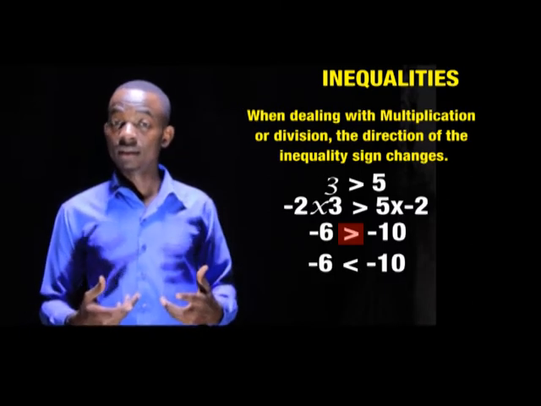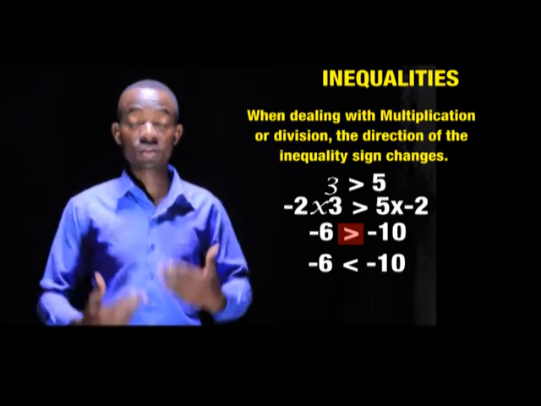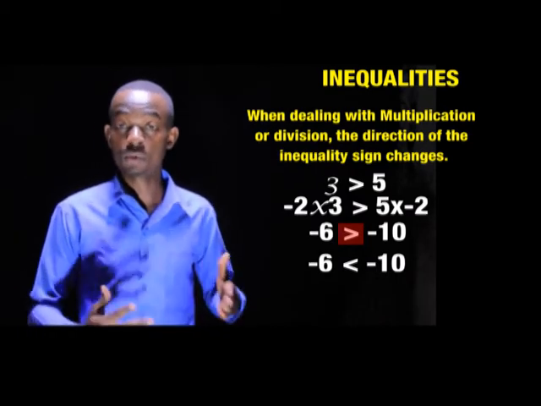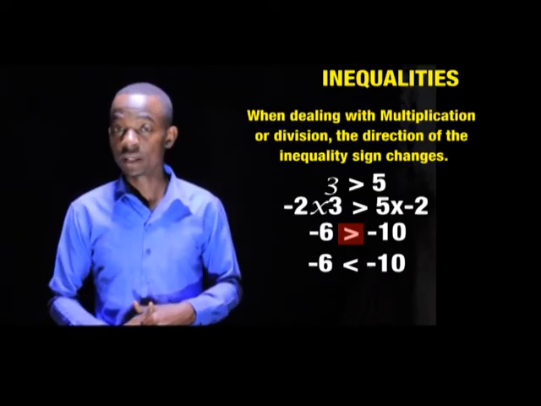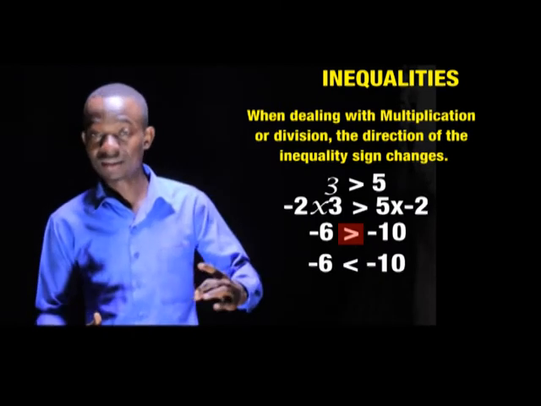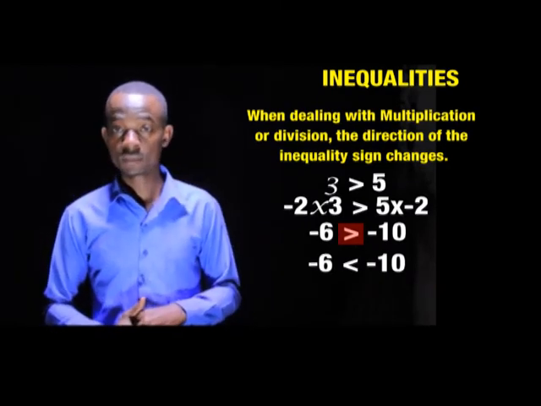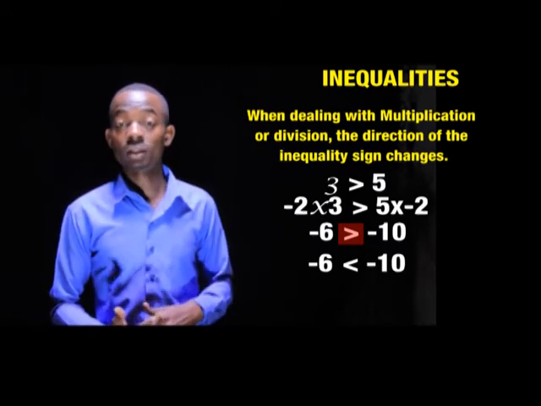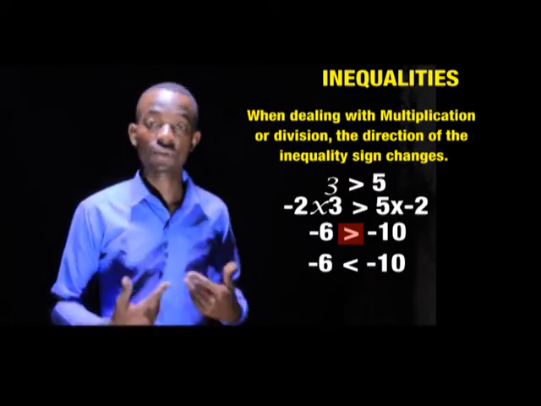If I had the greater or equal to sign and I multiply by a negative number on both sides, I end up with a less than or equal to sign. So you change the direction when you multiply with a negative number.